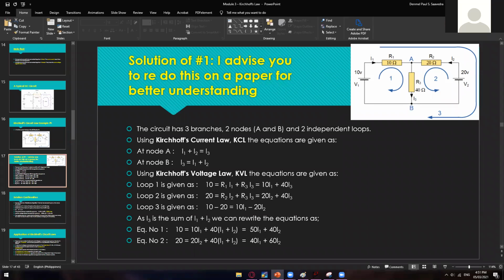So how many percent of you were able to clearly understand this example number one? 50%? 70?